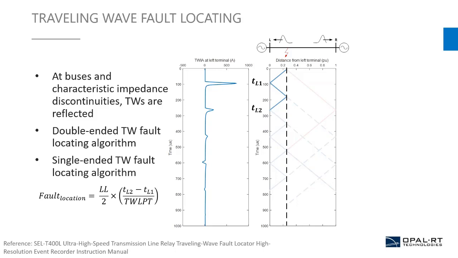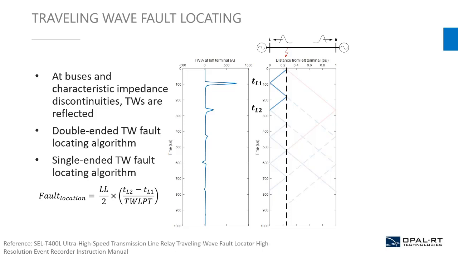In the single-ended traveling wave fault locating algorithm, it uses only the local measurement. So in this case, no communication channel is required. Among all the traveling waves the relay detects, it will determine which one is the initial traveling wave and which one is the first reflection from the fault location.